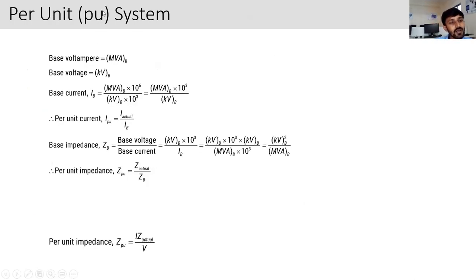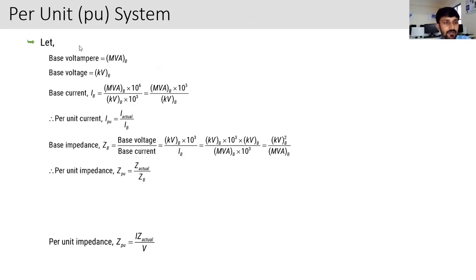Here you can find some formulas for finding the per unit system. We take the kVA rating or transformer rating, some MVA, as the base value, and the base voltage is some value like 11 kV, 66 kV, 33 kV.